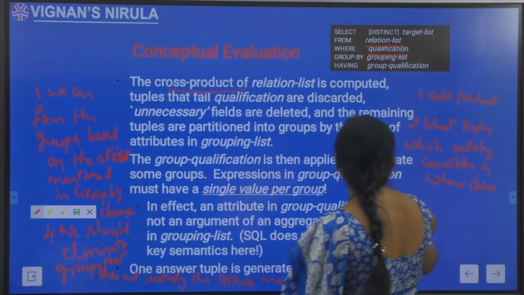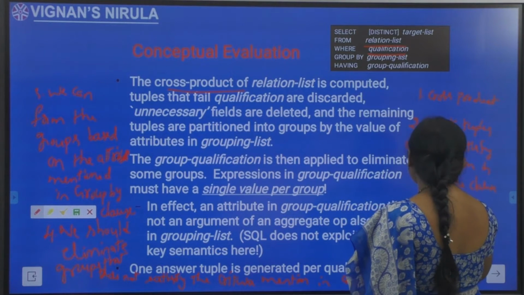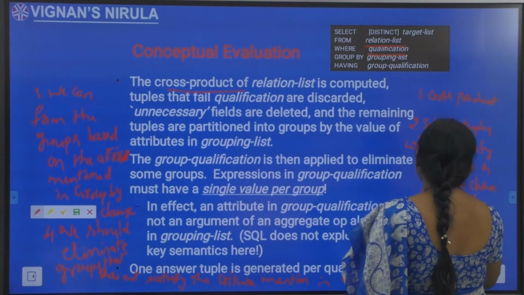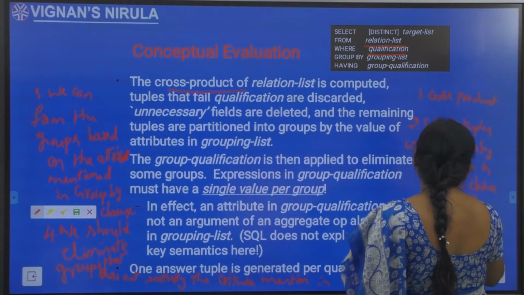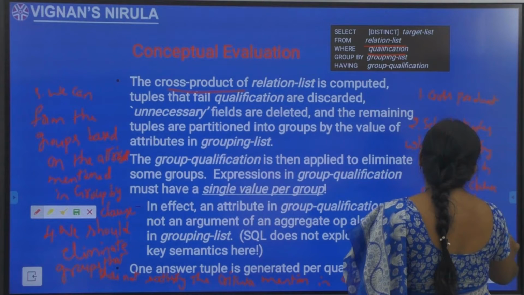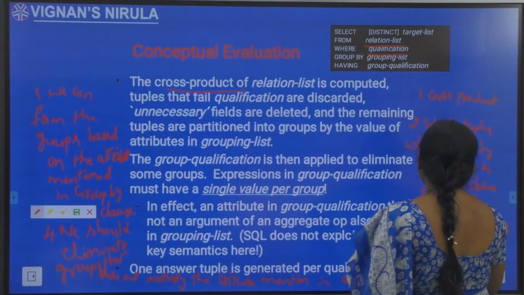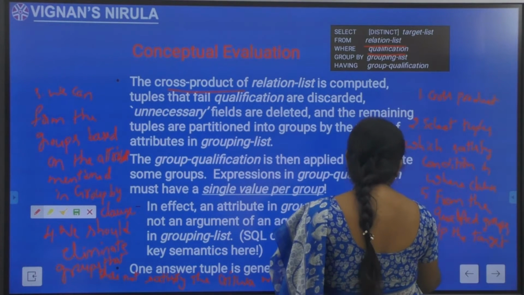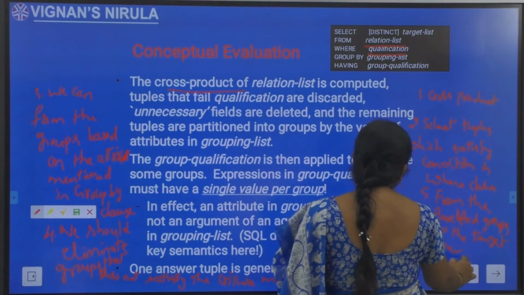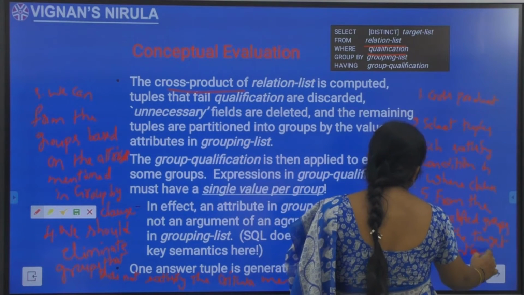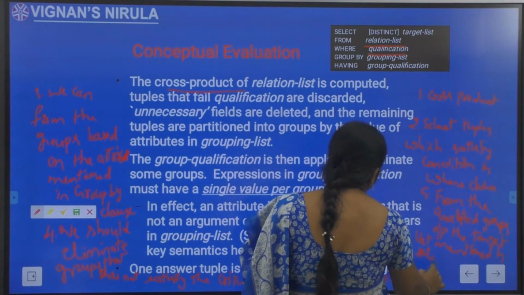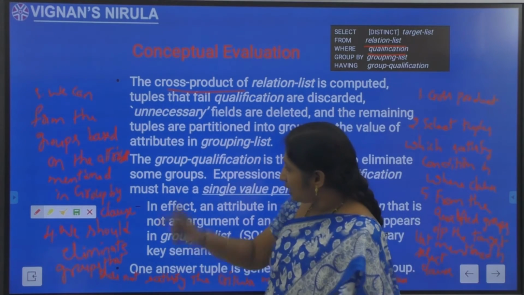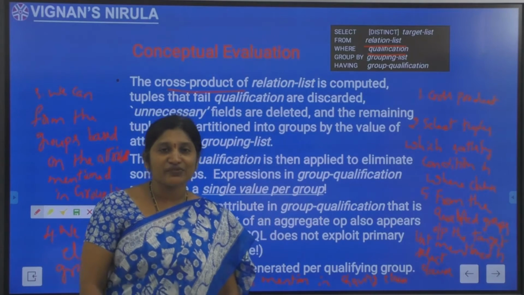The next step is, from the qualified groups, output the target list mentioned in the select clause. So this is the overall conceptual evaluation strategy of the select clause.